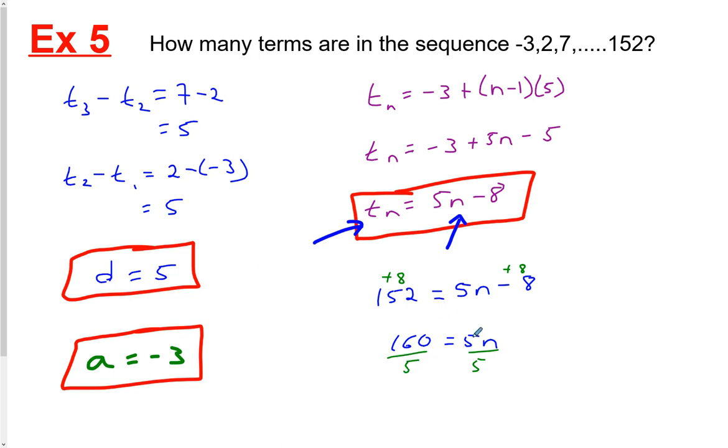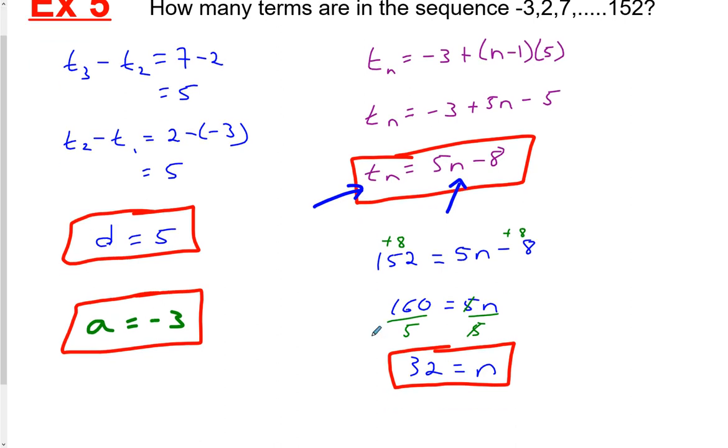I'm just going to end up with an n on this side, and 160 divided by 5 is 32. So that tells me the term number 32 is 152. The 32nd term is 152.